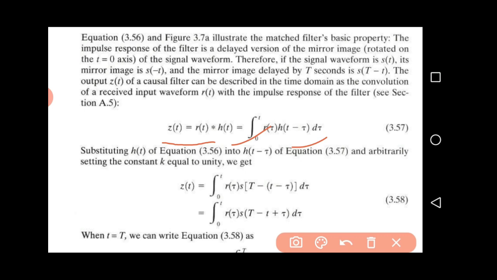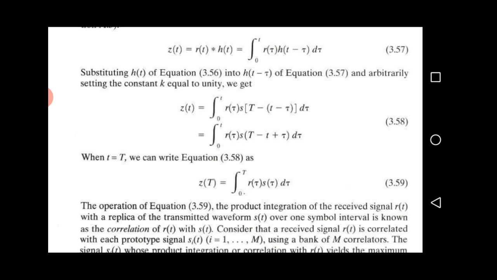Substituting h(t) of equation 3.56 in the above equation into h(t minus tau), we get z(t) equals the integral from 0 to T of r(tau) s(T minus (t minus tau)) d tau, that is, the integral from 0 to T of r(tau) s(T minus t plus tau) d tau, where t equals T. Then we can write this equation as z(T) equal to the integral from 0 to T of r(tau) s(tau) d tau.